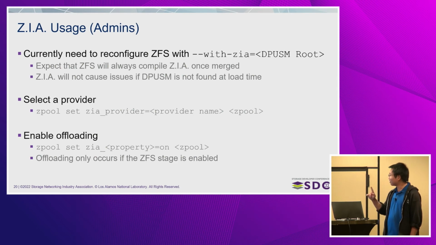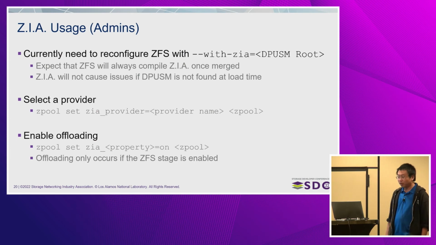All right, so let's see, where was I? Once an administrator has reconfigured their ZFS, rebuilt it, and created a new zpool, all they have to do to start up the offloading process is call zpool set zia provider equals whatever the provider name is, and then enable offloading for the operations they want.